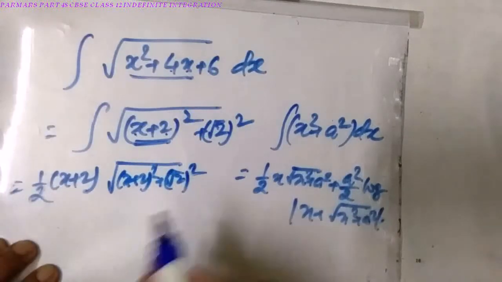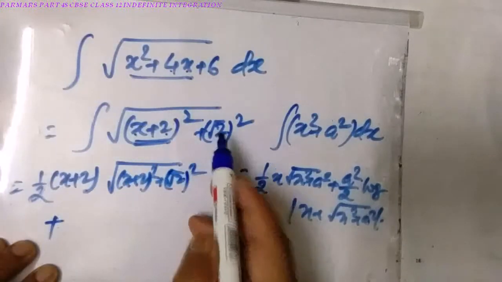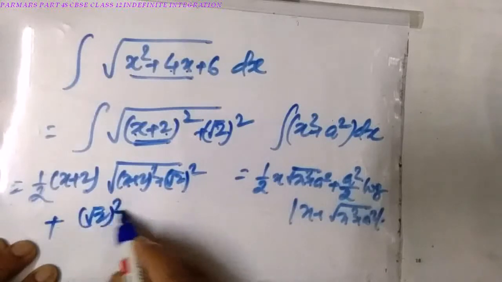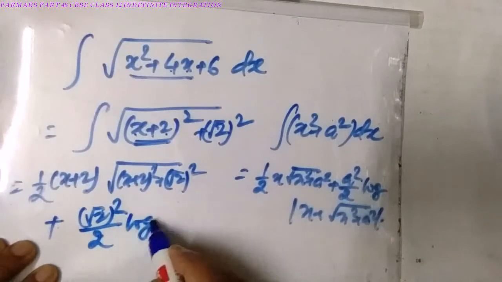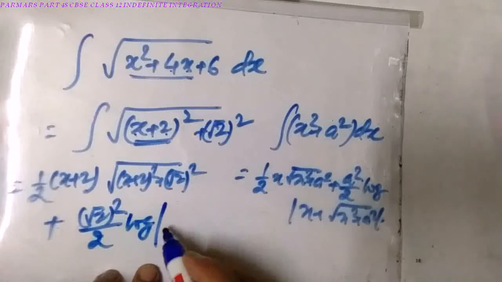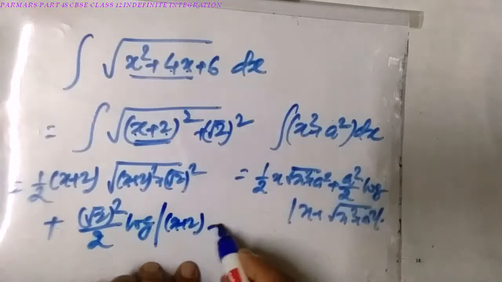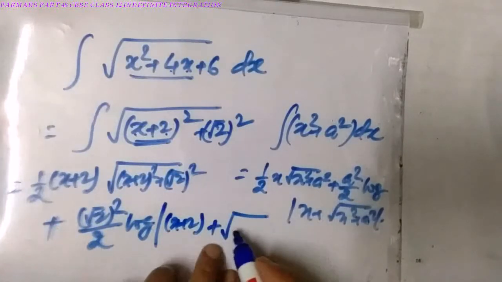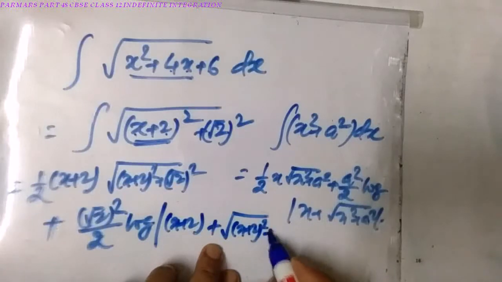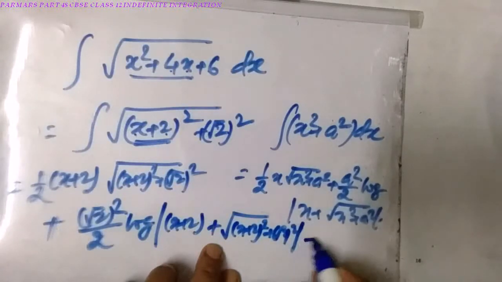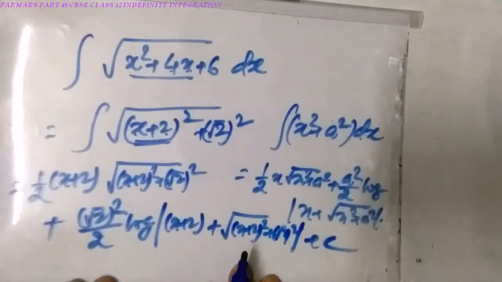And a square is root 2 square, that is 2, by 2 log of x, where x is x plus 2, plus root under x plus 2 whole square plus root 2 whole square, and plus c, constant of integration.